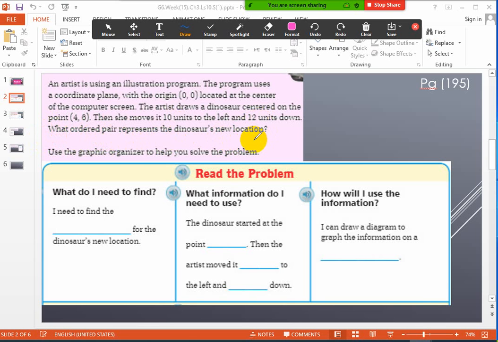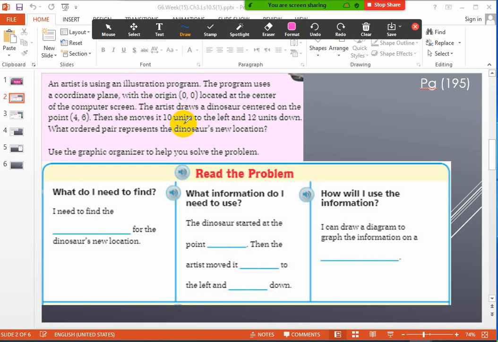So I have a dinosaur, a diagram like a dinosaur. He moves this dinosaur from its point, which is 4, 6, 10 units to the left, 12 units down. I want to find the new point. It will be what? The new ordered pair for the new point.